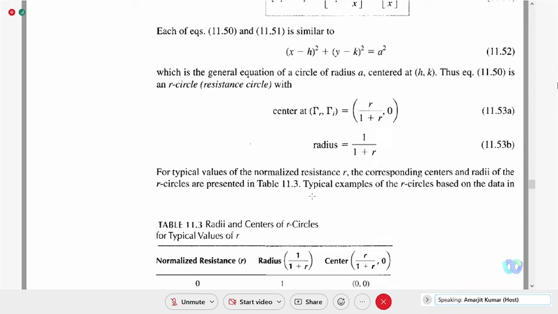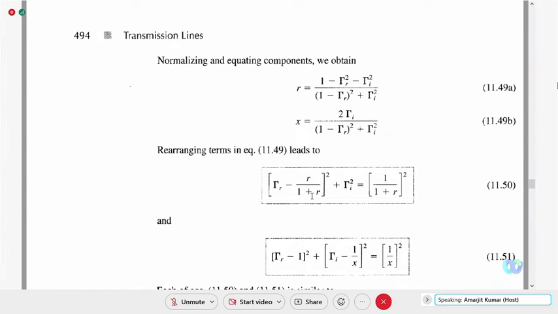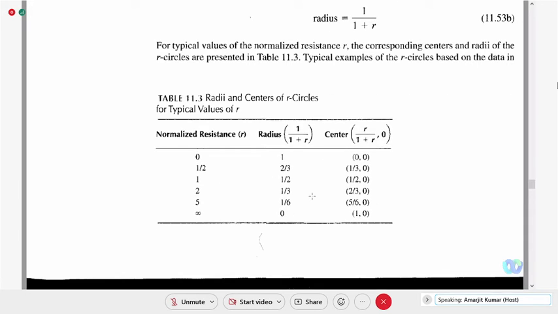So next, can we plot the resistance circle and reactance circle for different values of normalized load resistance and normalized load reactance? Can we plot it if the values of small r and small x are given? Yes. For normalized resistance r equal to 0, 1 upon 2, 1, 2, 5, infinity, you can first calculate the radius and center, and then in MATLAB you can plot it.